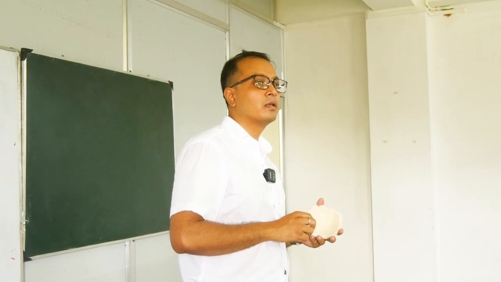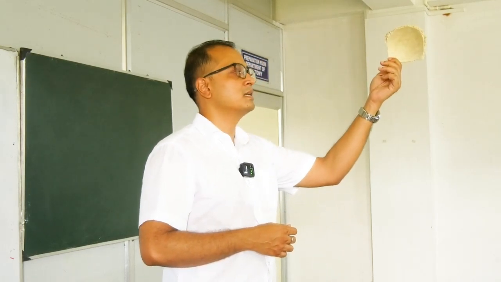Out of the four, which one is more projected? The one that is more projected, hold it anteriorly, anterior inferiorly. If I am holding it like this, it is not held in a proper way.